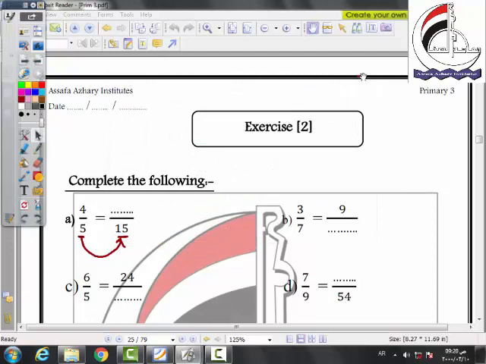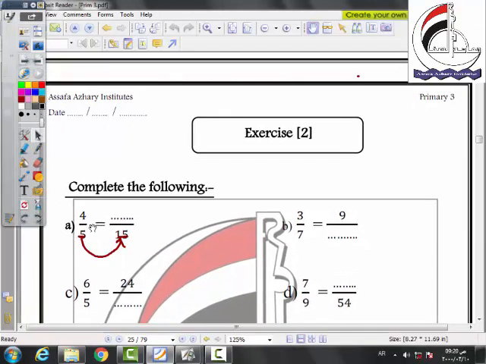Multiply by what? 5 by what equals 15? 5 by 3. If we multiply down by 3, we must multiply 3 up and get the numerator of the second fraction. 4 by 3 equals 12. Excellent. Go to the next example.